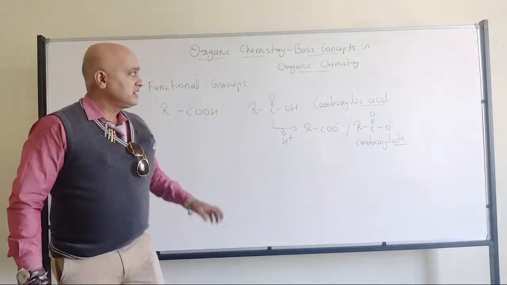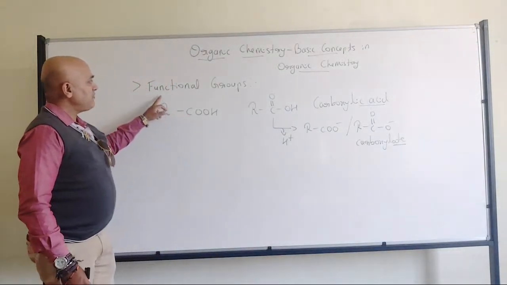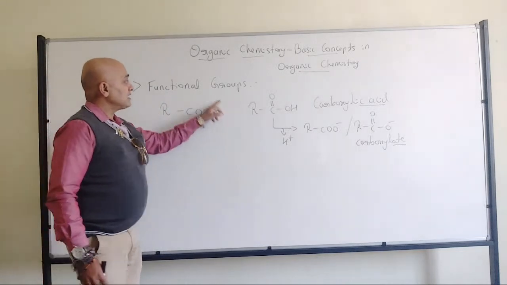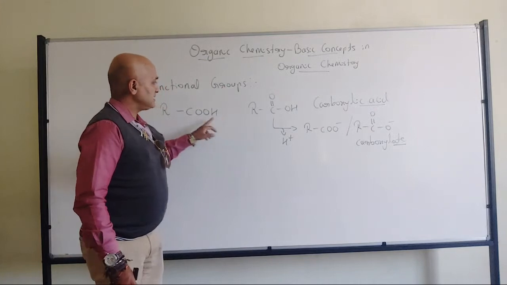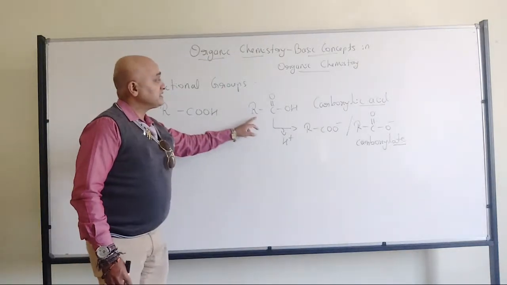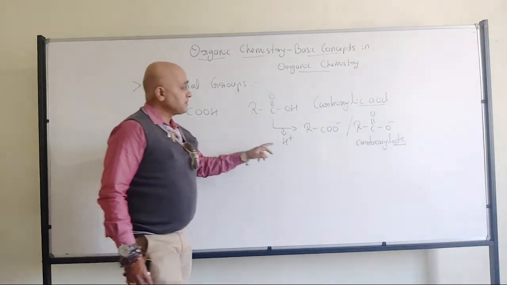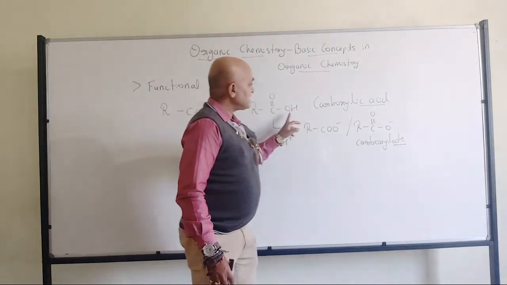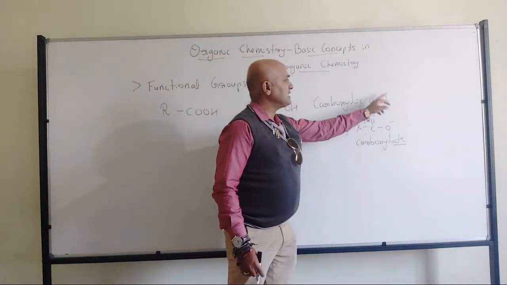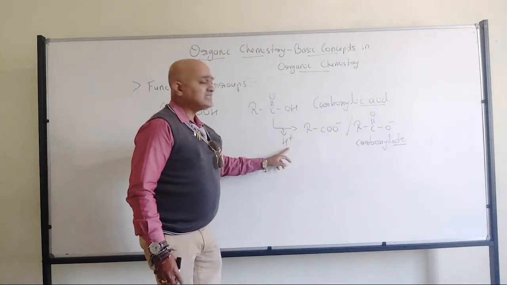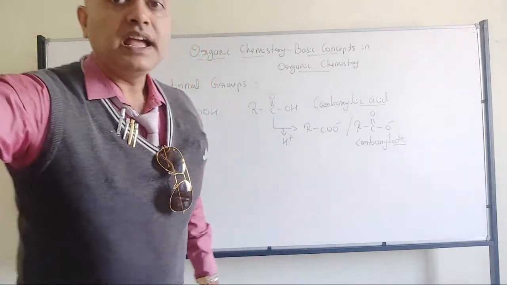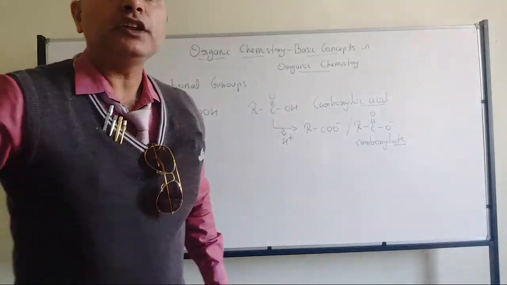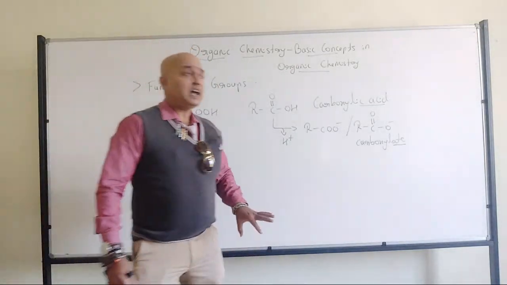So Rakesh, please explain once. Okay, fine. So what I was telling here is we have a functional group called carboxylic acid, which can be represented in 2 ways. This is also correct. This is also correct. Now, if I see this carboxylic acid, they are called acid because they can release the H plus. They can release the H plus, and therefore they can be in non-ionic form or ionic form.